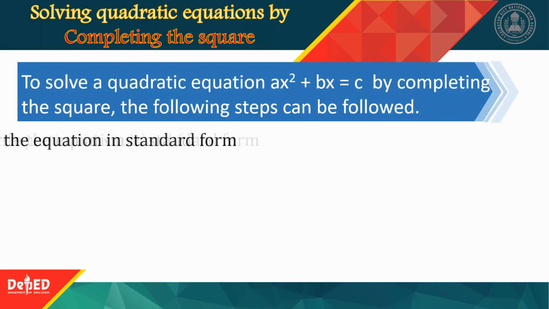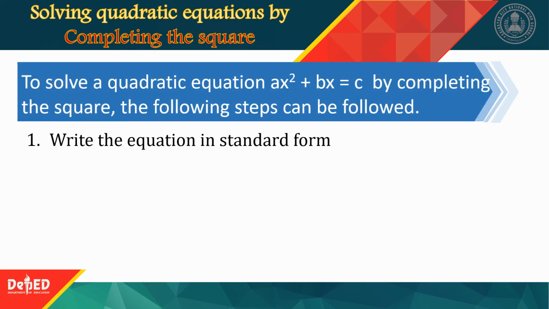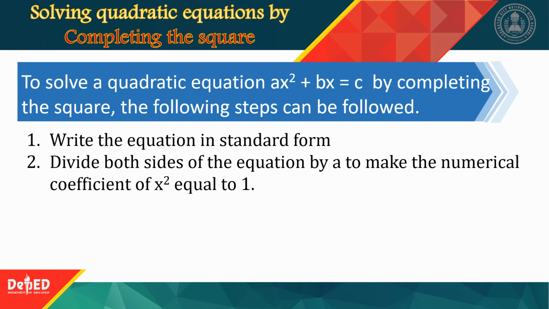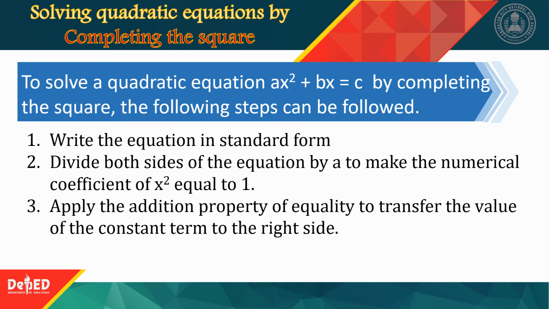To solve a quadratic equation ax squared plus bx equal to c by completing the square, the following steps can be followed. First, write the equation in standard form. Second, divide both sides of the equation by a to make the numerical coefficient of x squared equal to 1. Third, apply the addition property of equality to transfer the constant term to the right side.